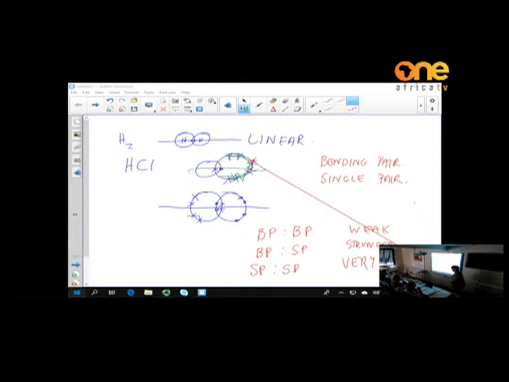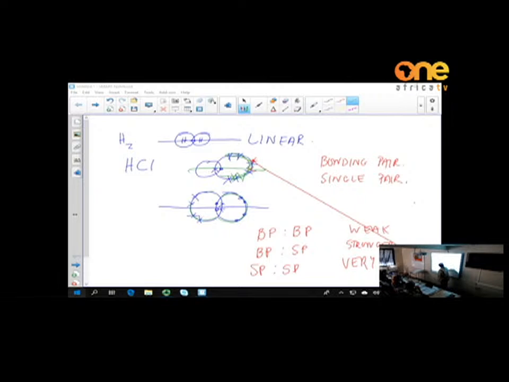Now what about the area of the double bond? Same thing. Over here, those single pairs will repel each other equally. Those 2 will repel each other equally, but they will repel the bonding pairs. Once again, the repulsion on that side is equal to the repulsion on this side. Can you see that?